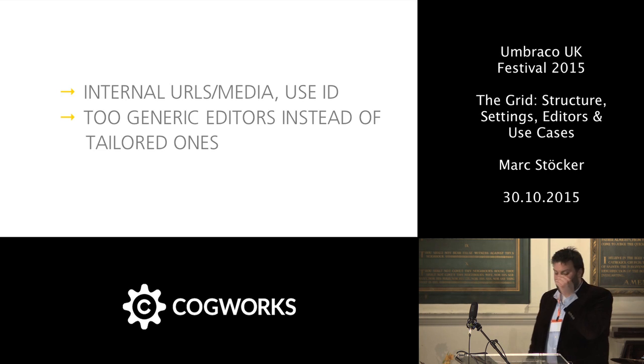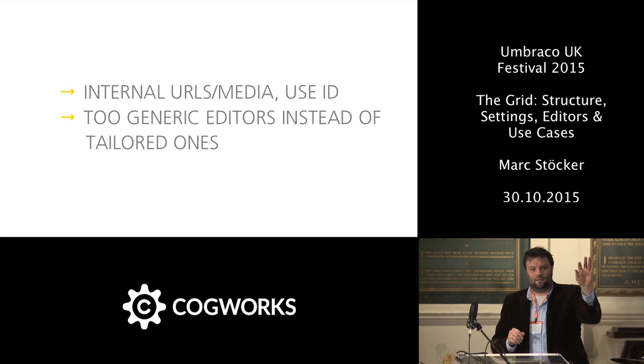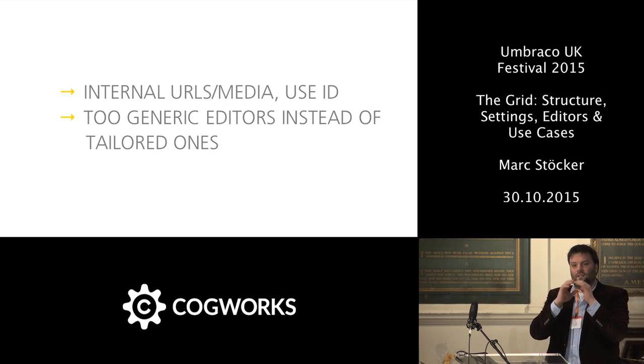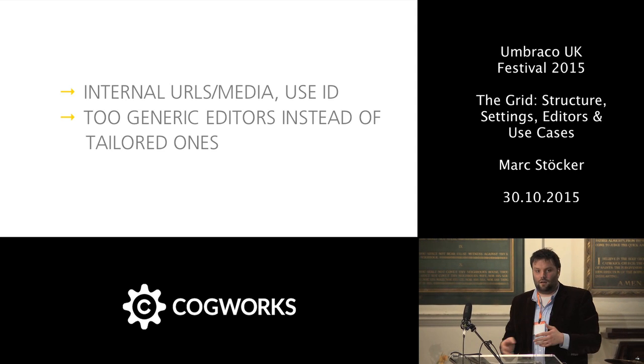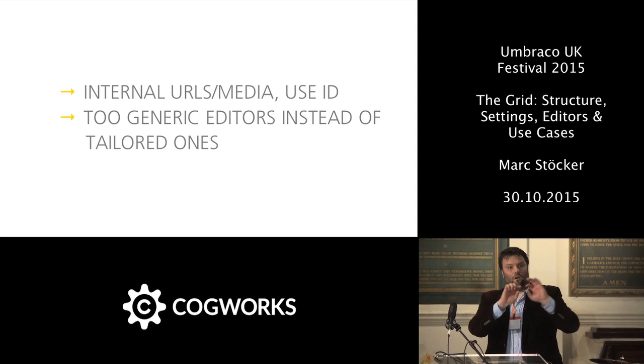Also, no 2 generic editors instead of tailored ones. What I mean by that is if you just provide text, headline, and image, it's too restrictive, because you don't get the subtle differences. Is it a headline or is it a subline, a byline or whatever? Provide them with the option to change that on a headline level.